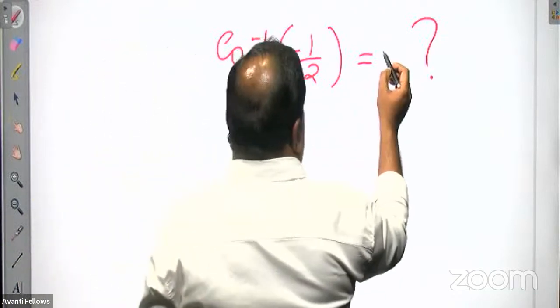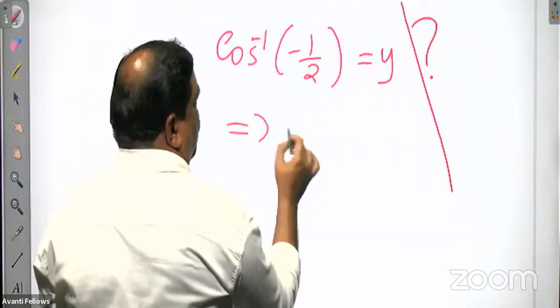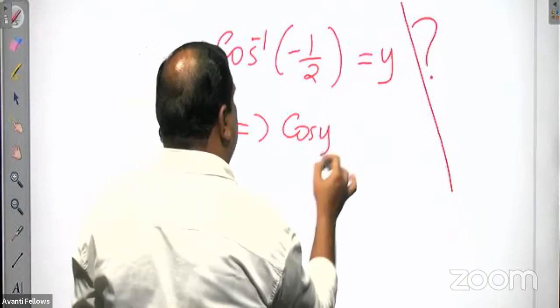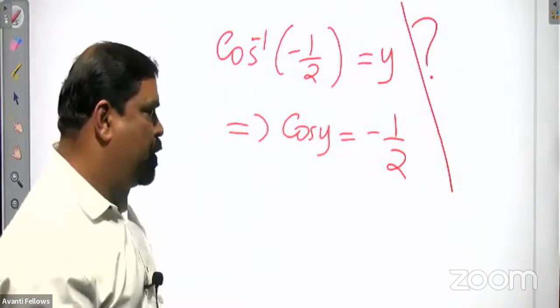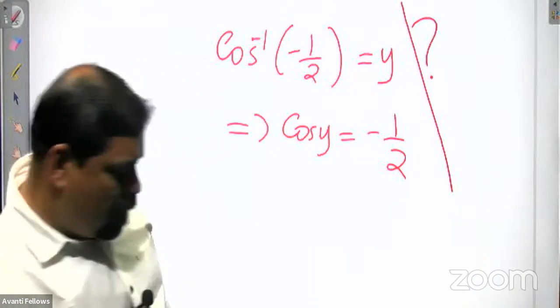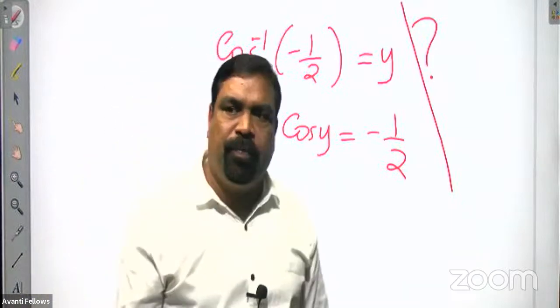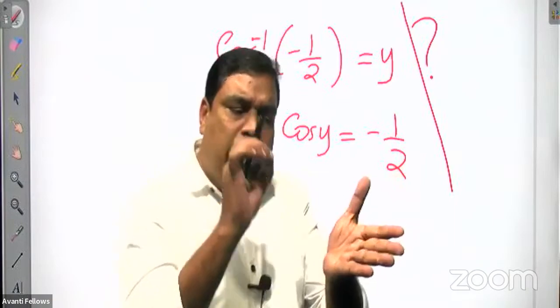Suppose this is some y. Let it be y. Okay. So cos y must be equal to minus 1 by 2. So we have to get a value from the interval 0 to pi.